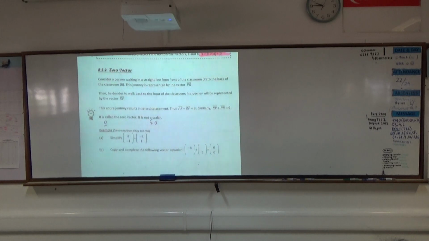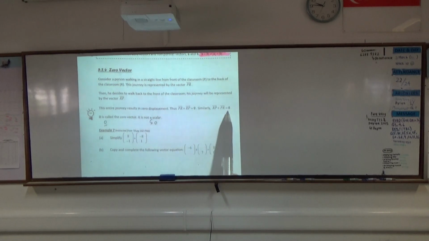Because he came back to the starting point, the start point and end point are both the same, so the resultant vector will be a zero vector. Therefore PR plus RP is a zero vector. You cannot write it as PP, it doesn't make sense. Likewise, RP plus PR is also not RR, it is a zero vector.